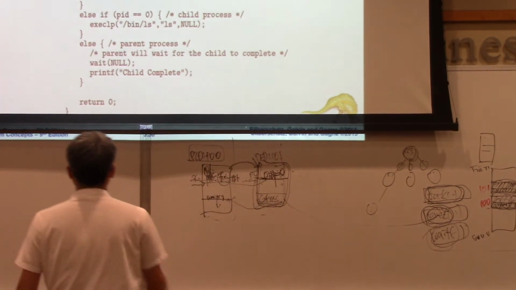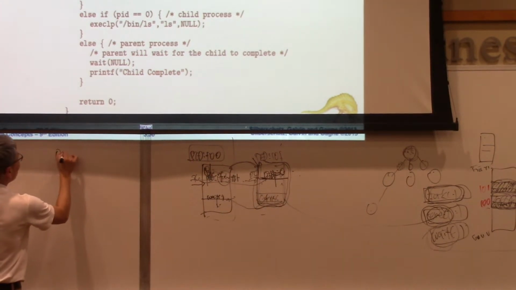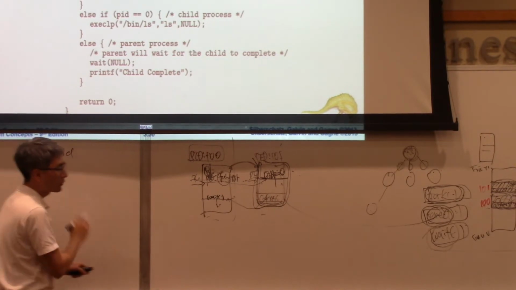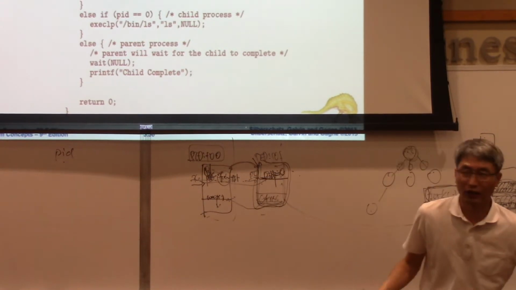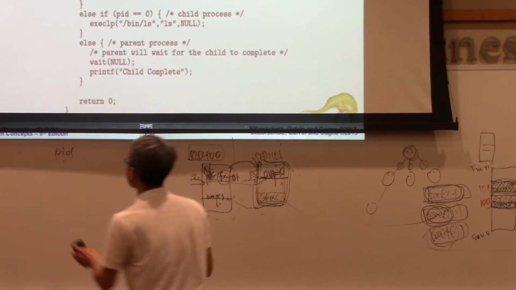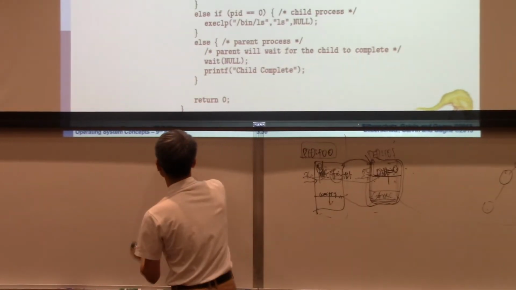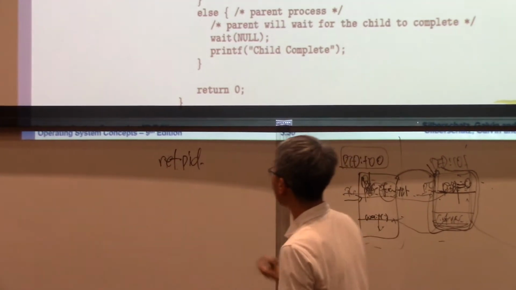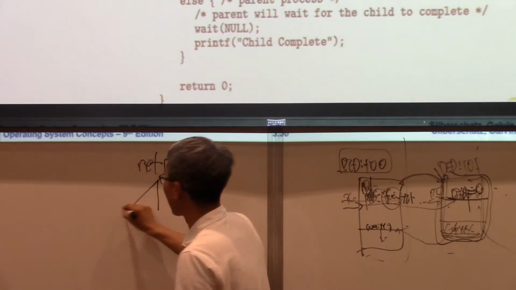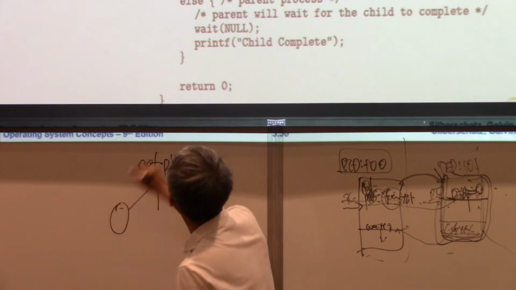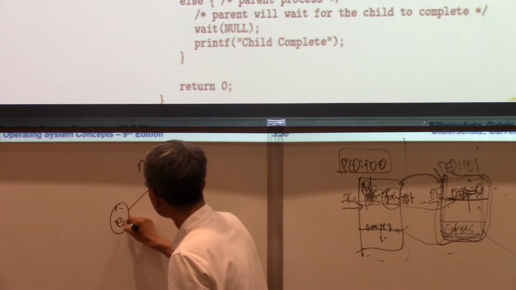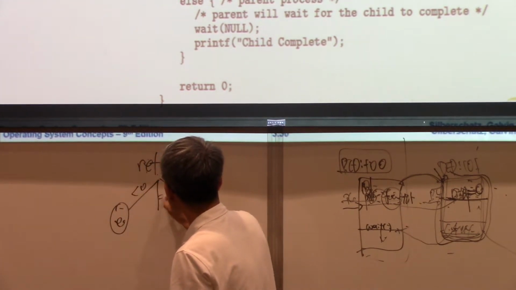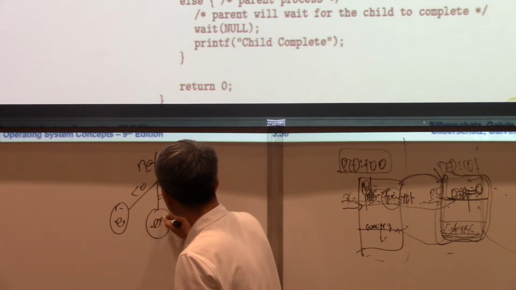Even though they are using the same instruction code, depending on the value, it can be different. Okay, so the logic is using the PID. Because of the variable name, you got a little bit confused. Instead of PID, let's say this is RLT PID. Based on this value, there are three options. One is the error, which is less than 0, and equals 0 is exec.